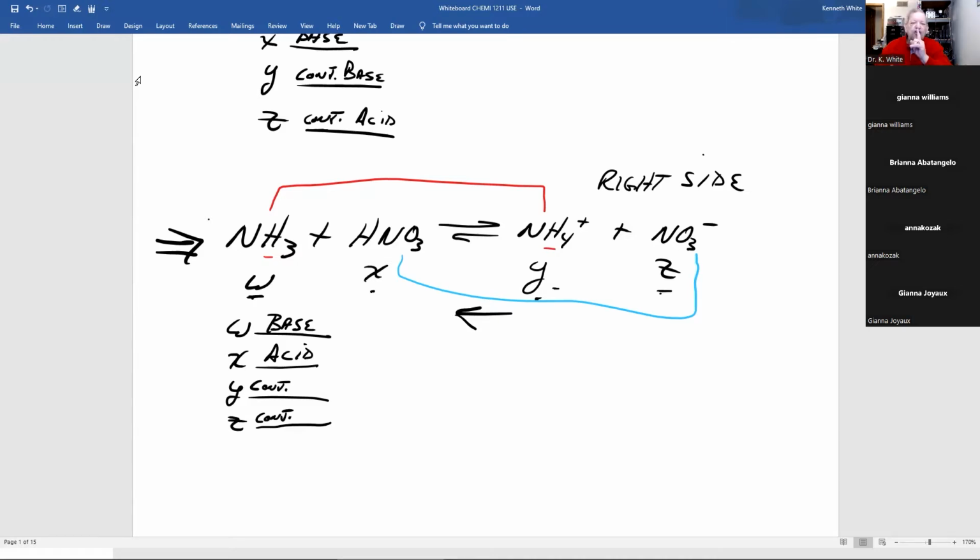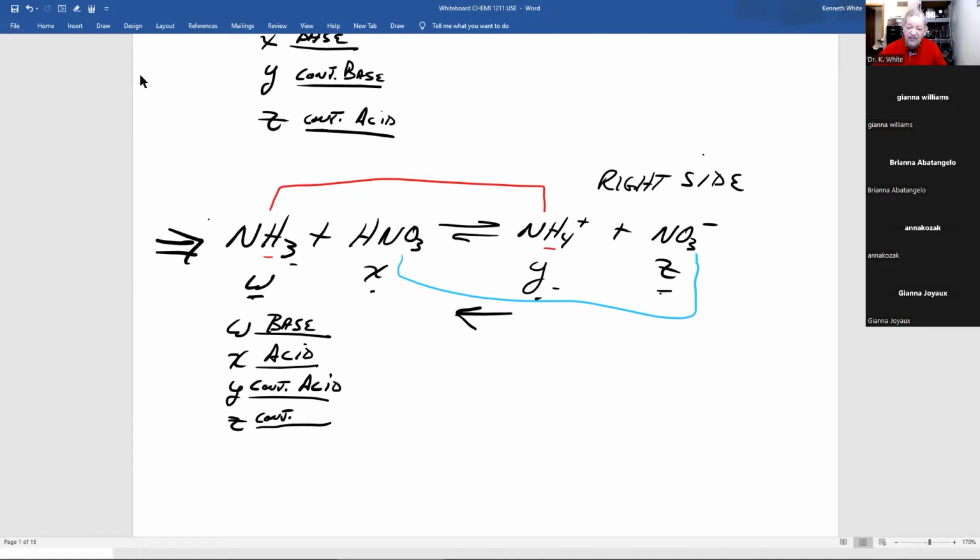Just count hydrogens. But here we have 4, here we have 3. It has lost or donated a proton. What's a proton donor? An acid. And because it's on the right side, Y is a conjugate acid.